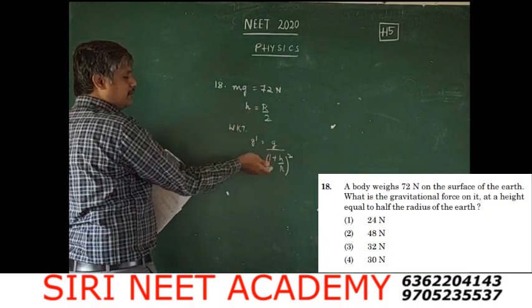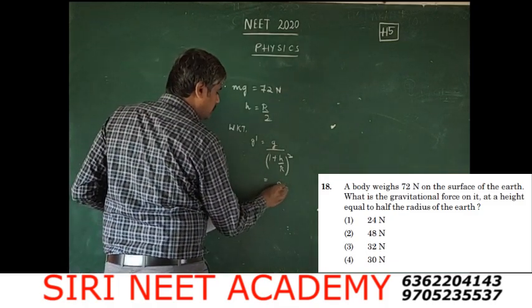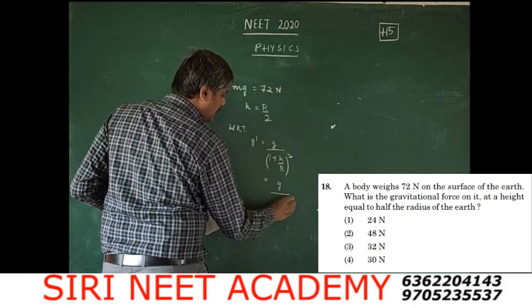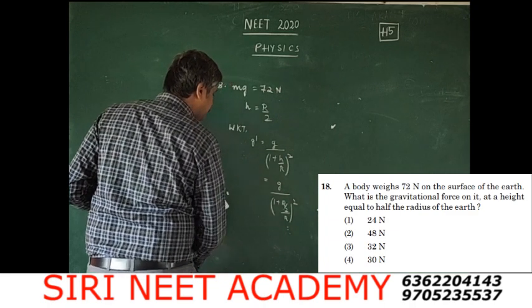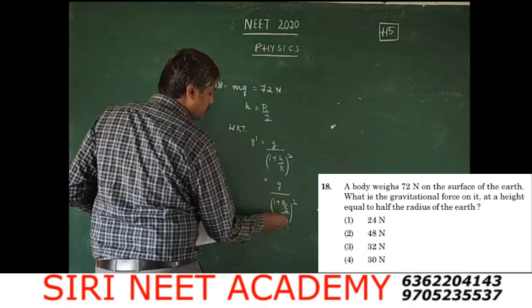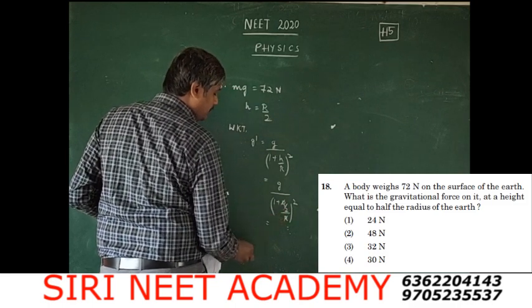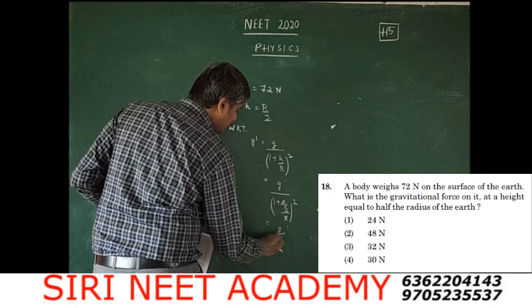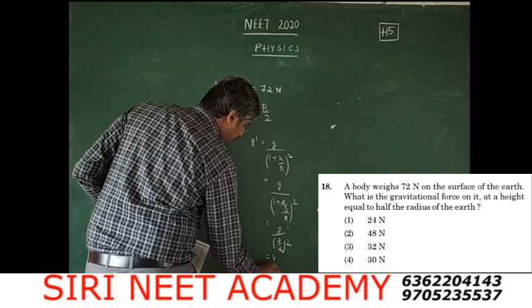As h is comparable with radius, I will use this formula, that is equal to g by (1 plus (R by 2) by R) whole square. So it will be 1 plus 1 by 2, that is 3 by 2 whole square, that is equal to 4 by 9 g.